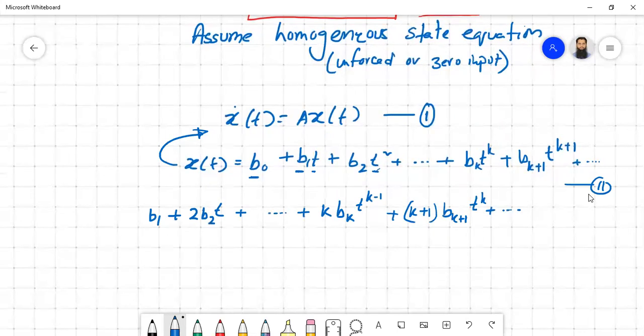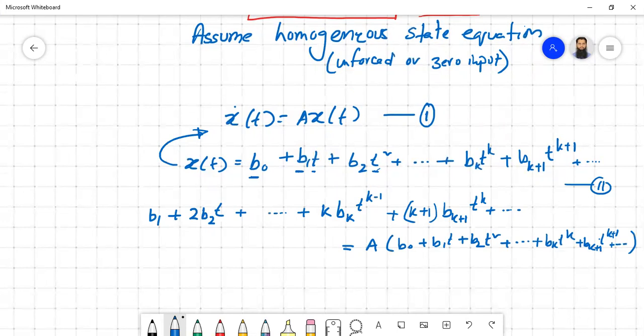This will be the left side, and the right side will have a common matrix A times b0 plus b1 t plus b2 t squared goes on to bk t to the power k plus b(k+1) t to the power k+1 plus goes on.